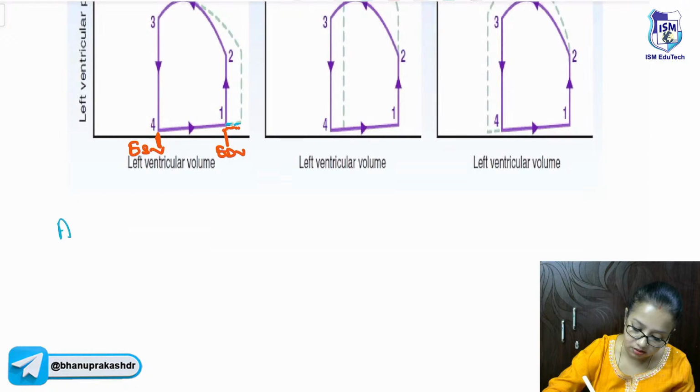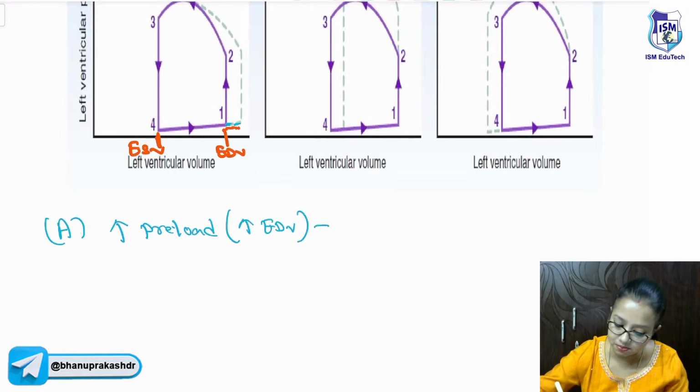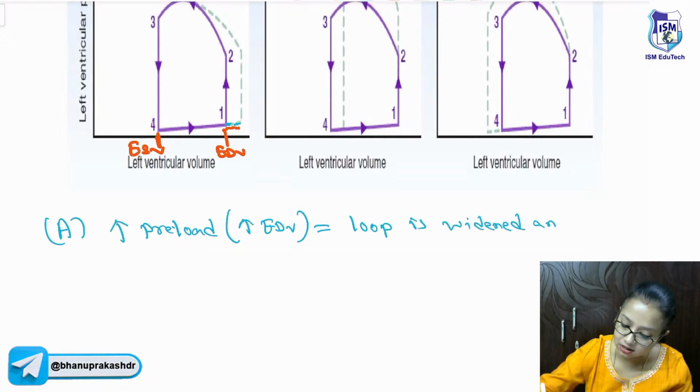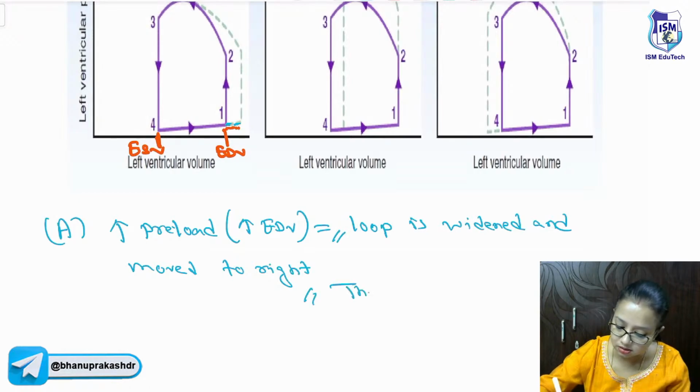So an increase in preload means an increase in end diastolic volume. So what is happening? The loop is widened and moved to the right.